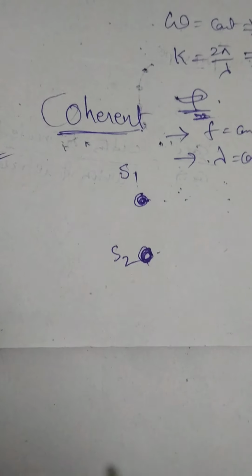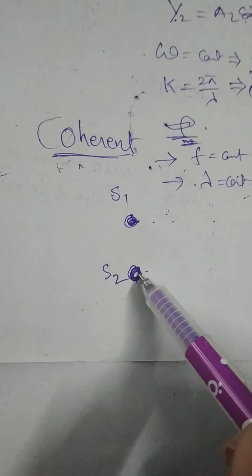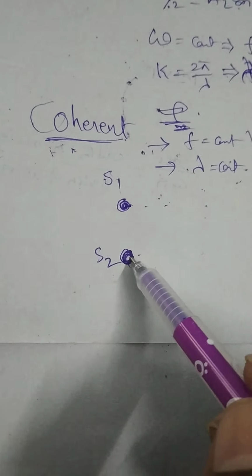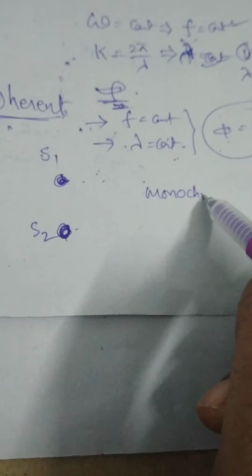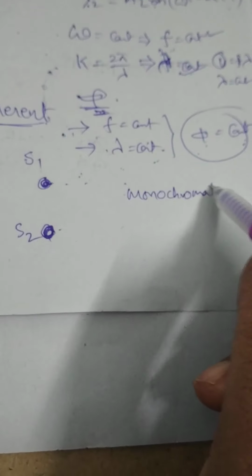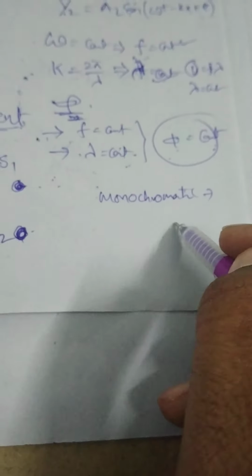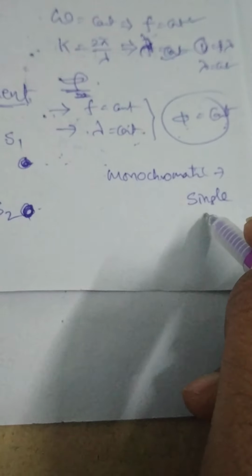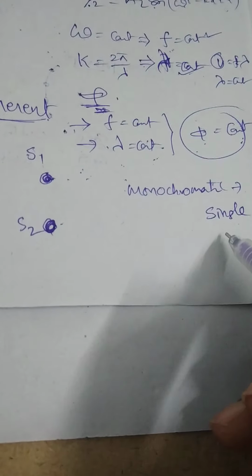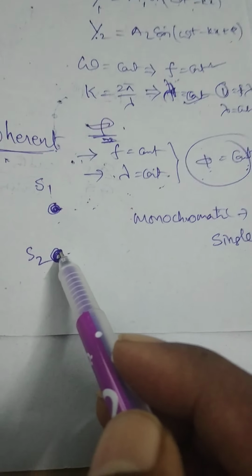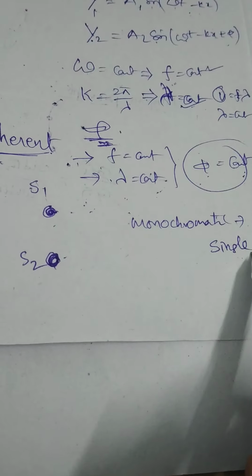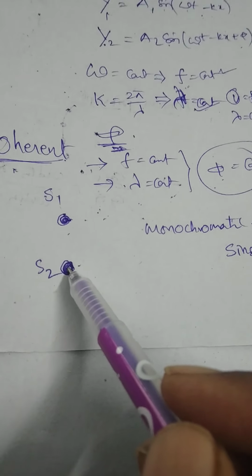Okay, let both the sources S1 and S2 emit monochromatic light. Monochromatic means it emits a single color or single wavelength. So here any two sources which emit monochromatic light are also said to be point wave sources.